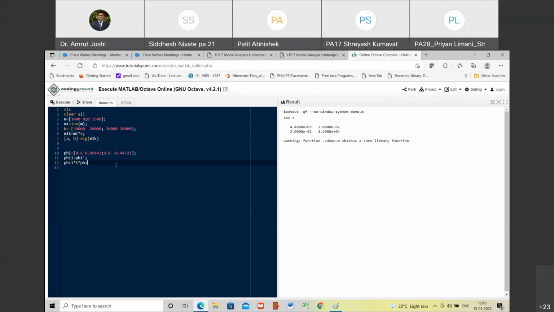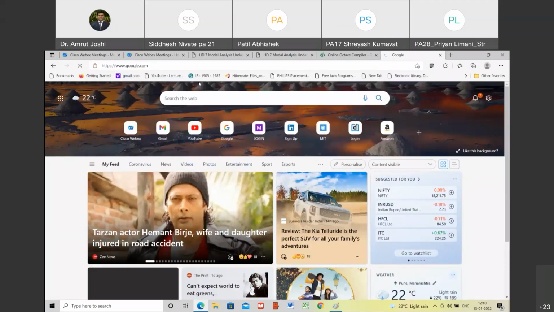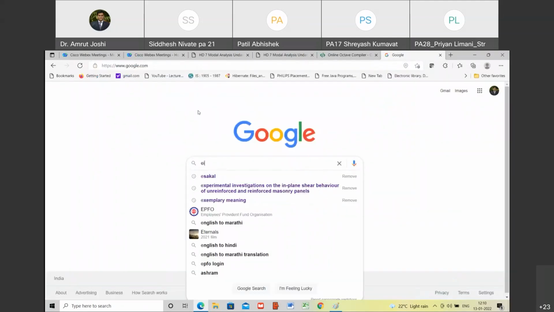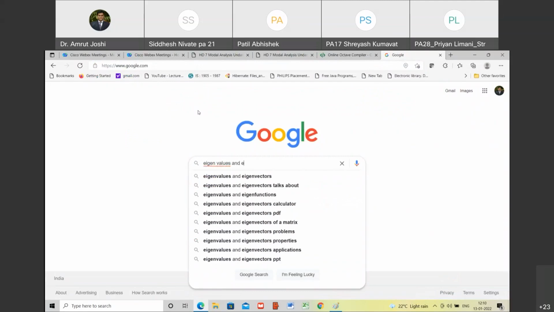Let me check the eigenvalues once again. One minute. Eigenvalues are 40 and 3.333. We will cross verify this independently again. Are you with me? Eigenvalues and eigenvectors online.